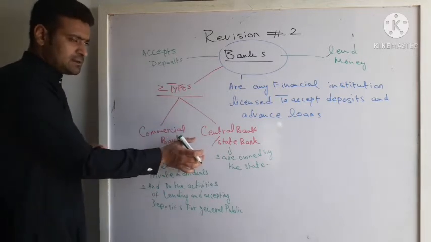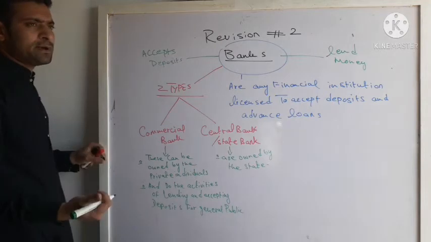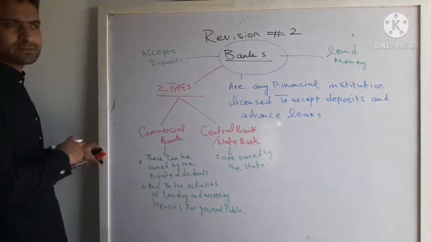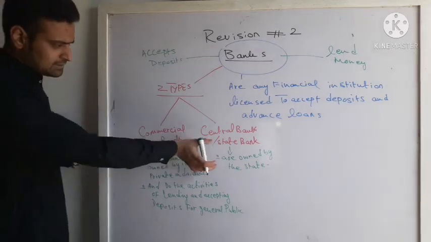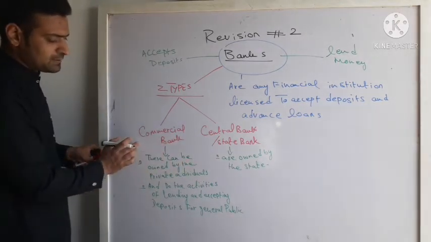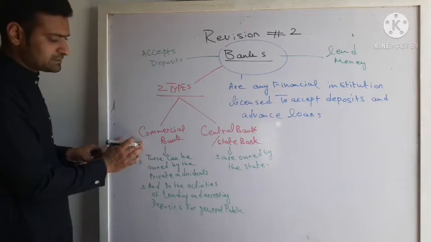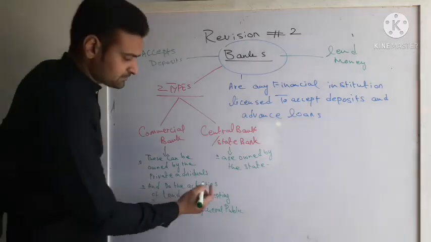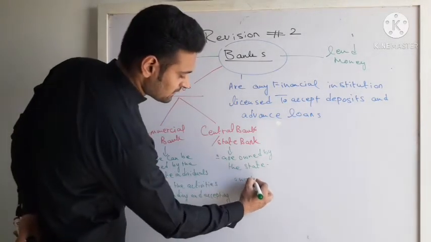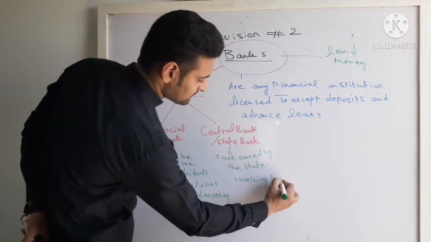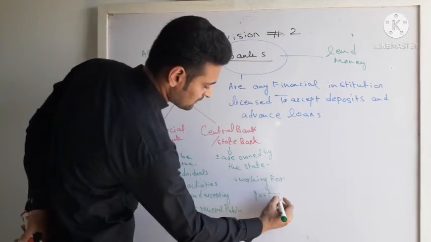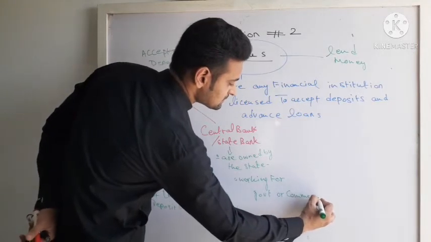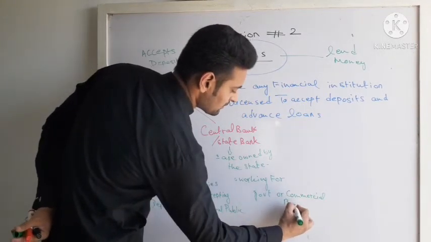The central bank deals with the government as well as the other commercial banks. So we can say that the central bank does the lending and accepting deposit activities for the commercial banks as well as the government.